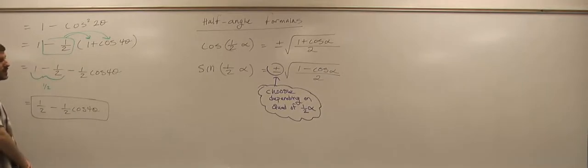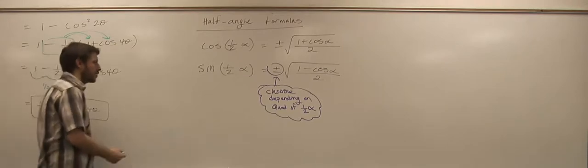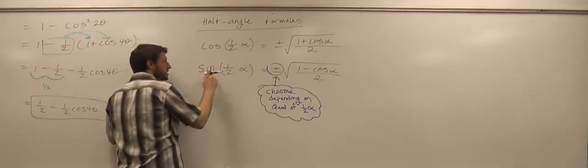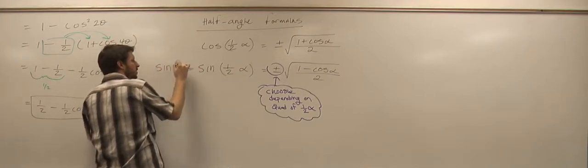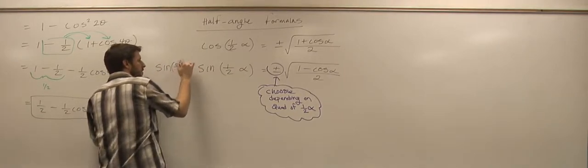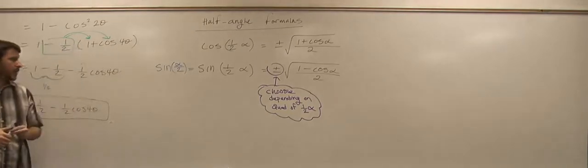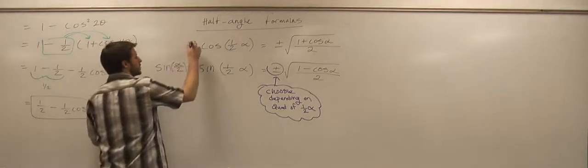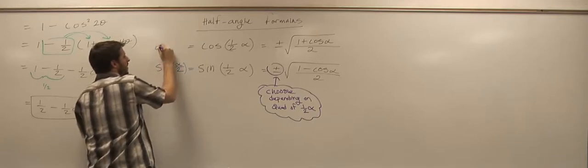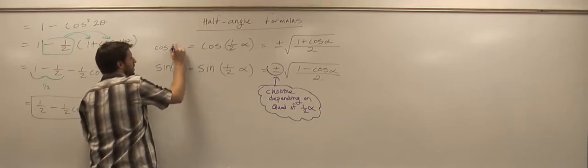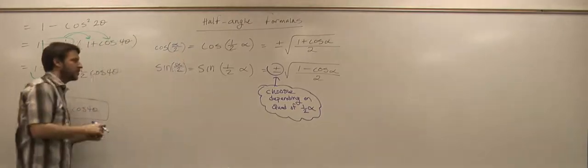So you choose a negative. Another quick comment while I'm thinking of it. Sine of 1/2 alpha is equivalent to sine of alpha over 2. So depending on which book or homework exercise you're looking at, you might see 1/2 alpha written as alpha over 2. That's just notation.